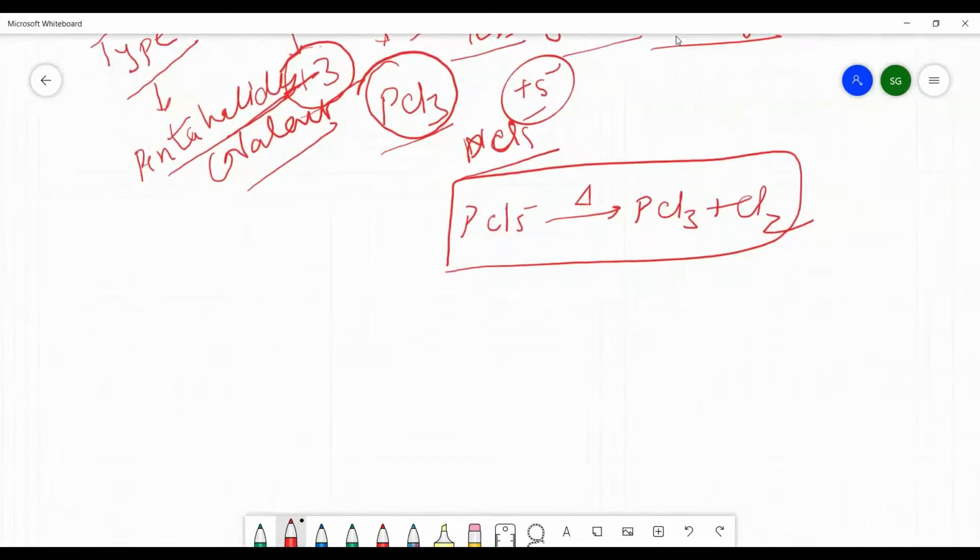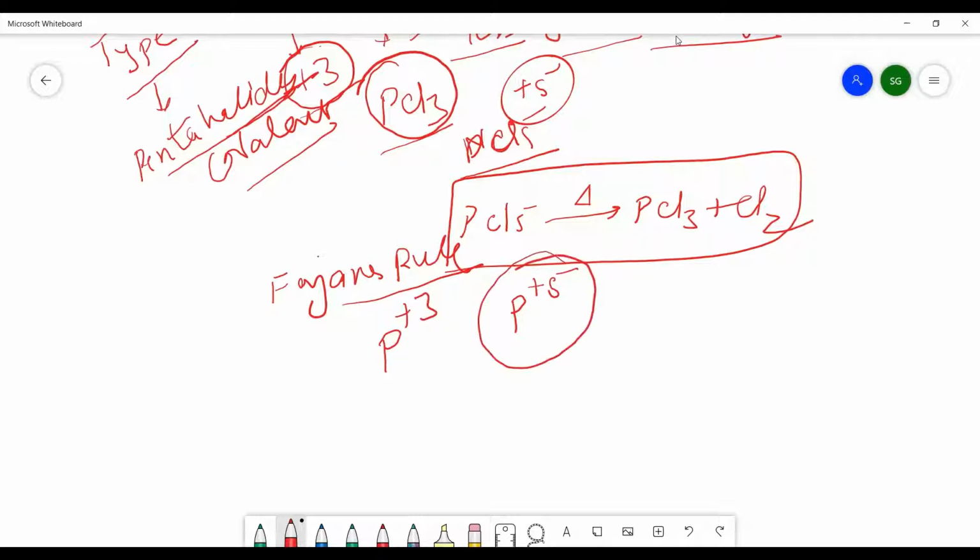In lecture 1, 2 or 3, we discussed Fajan's rule. According to this rule, the smaller the size of the cation, the higher the polarizing power. If you have phosphorus in +5 oxidation state and phosphorus in +3 oxidation state, P +5 has the higher polarizing power. Because of that, it will polarize and disperse the negative charge of the Cl-.